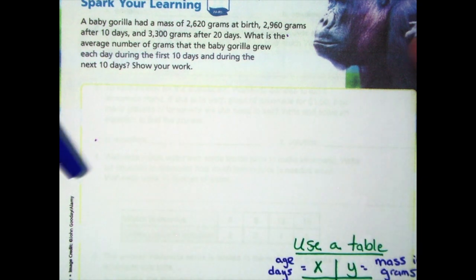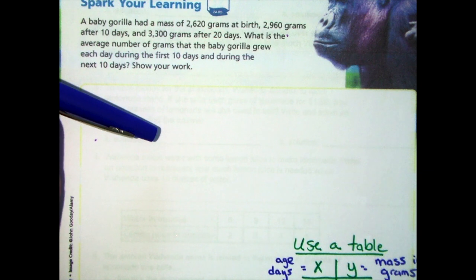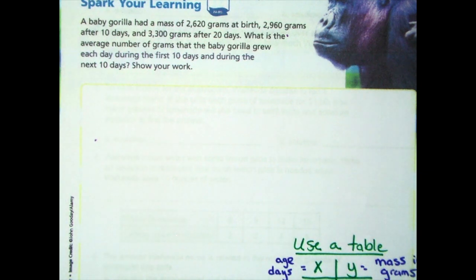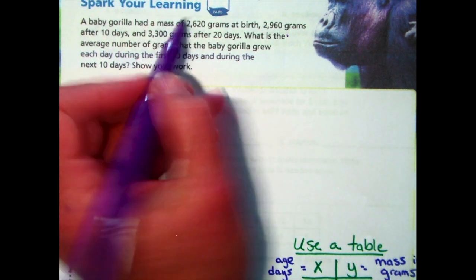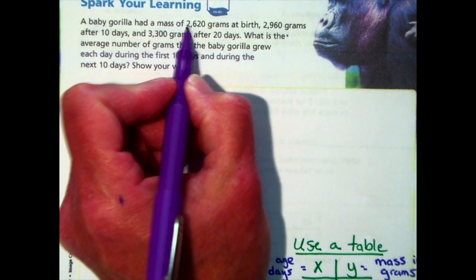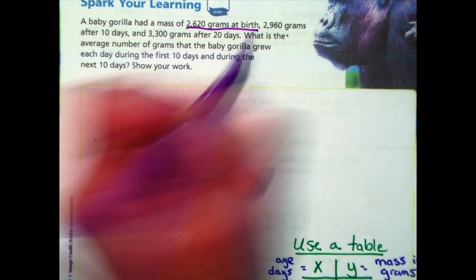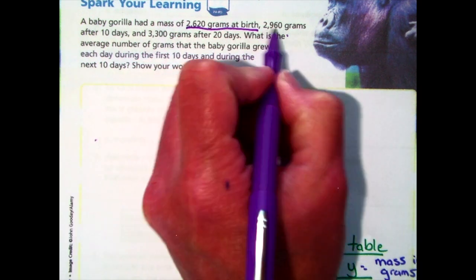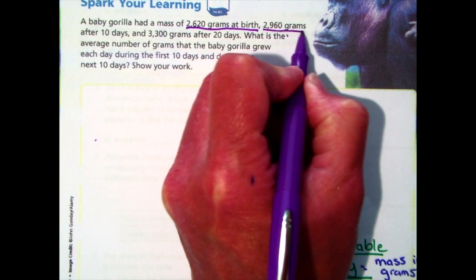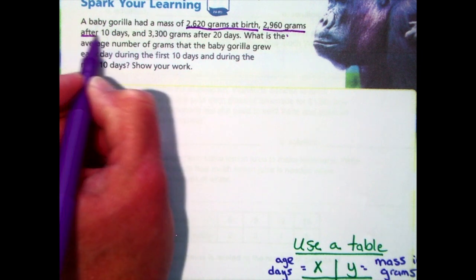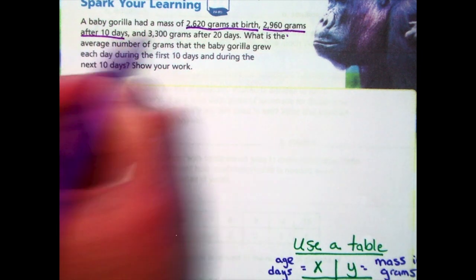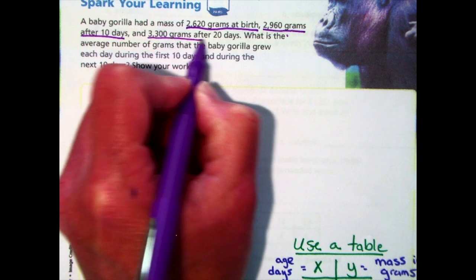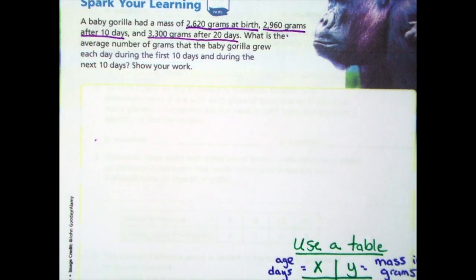Well, let's underline some important information in this reading. I see that a baby gorilla at birth weighs 2,620 grams. In 10 days, it weighs 2,960 grams. And after 20 days, it weighs 3,300 grams.